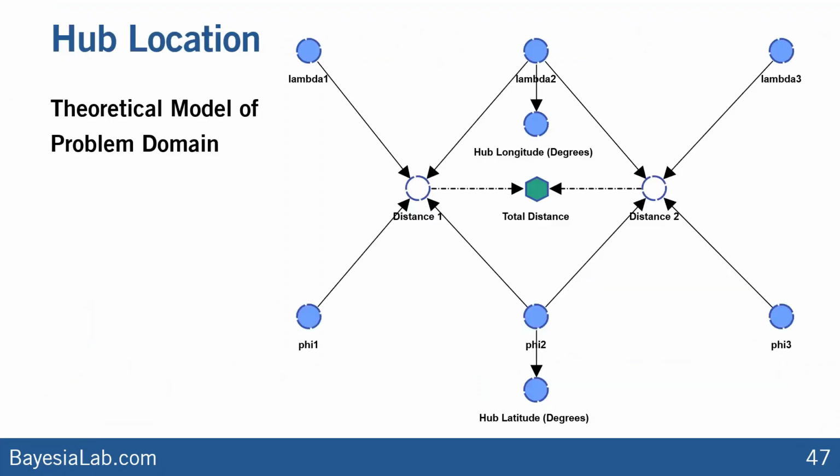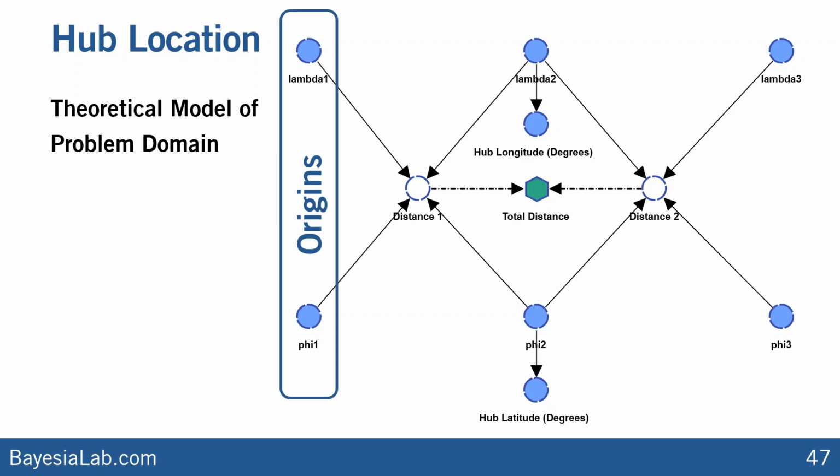So here's the theoretical model, and this is going to be a very, very busy slide. So I've tried to make it perhaps less daunting by using some animations here. So on the left, the two nodes reflect origins.